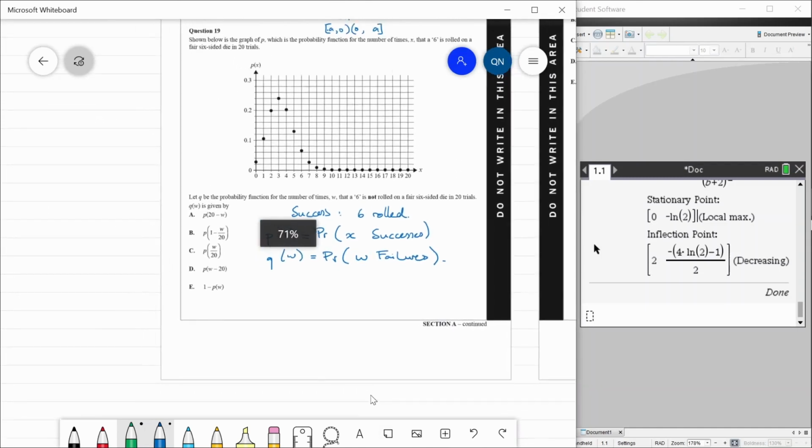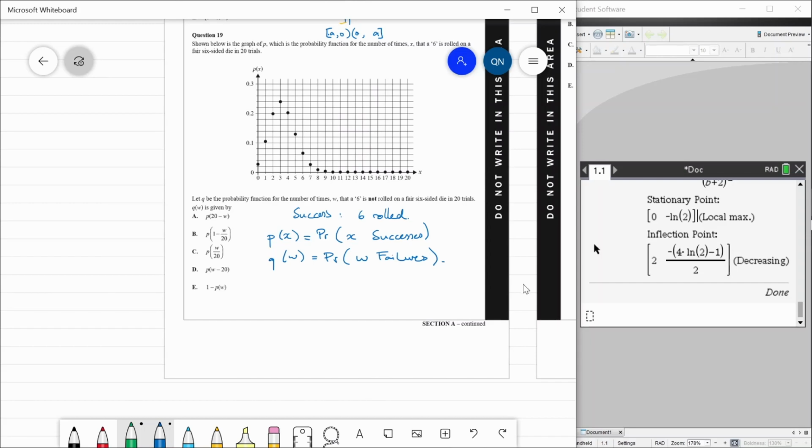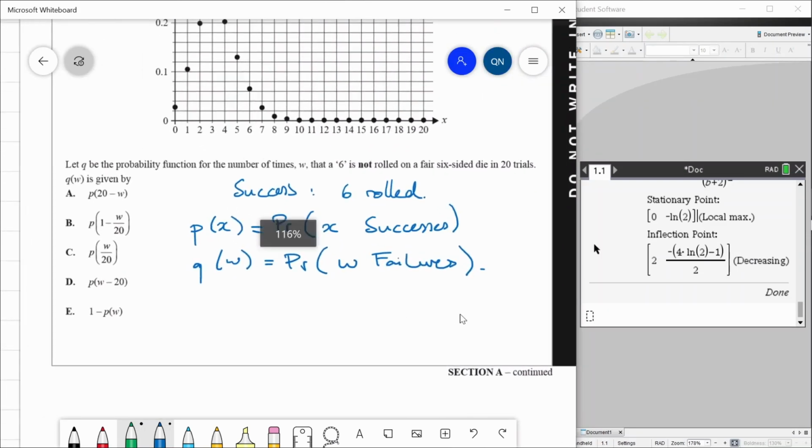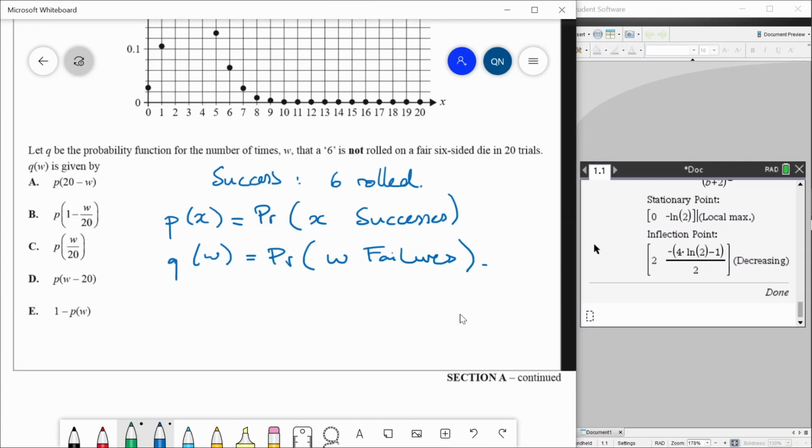And a nice thing about binomial probability, in particular each of the trials, is that it can only be either successes or failures. So if you take a look at all the successes, so X, and you add it with the W, it has to give you the number of trials. So X is the number of successes, and W is the number of failures.